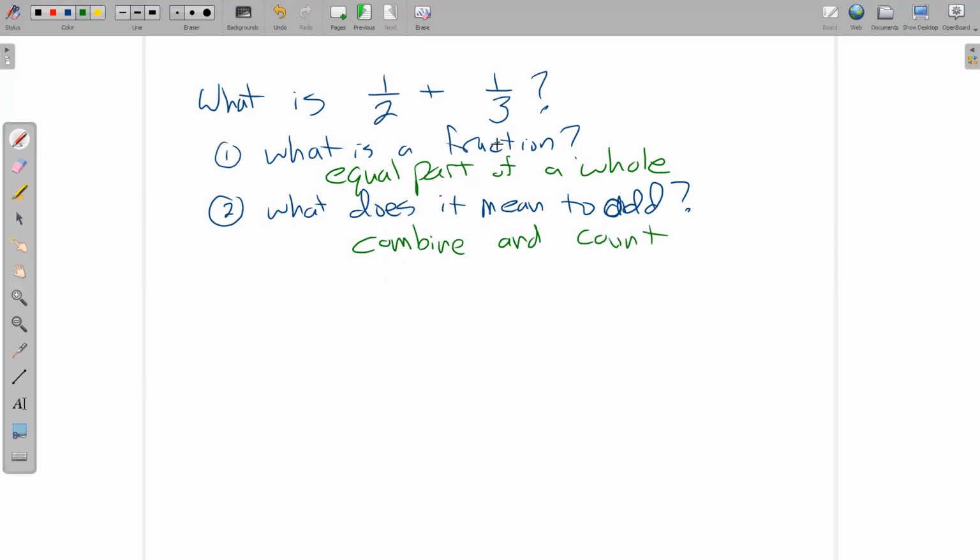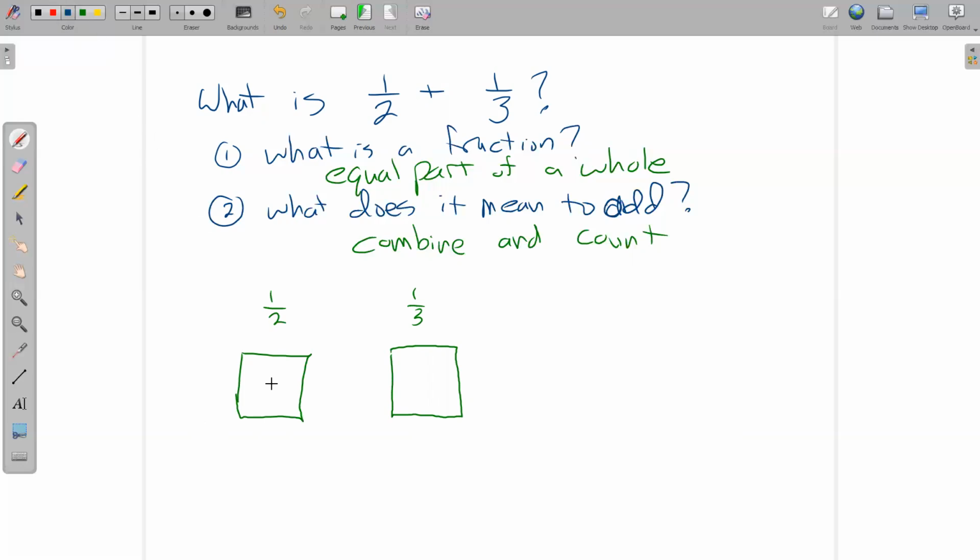So we're going to illustrate what a half looks like, what a third looks like. And again, my opinion is the easiest way to illustrate either of those is by starting off with some kind of square rectangular cake. Make as close to identical one as you can for a third. All right, so those are as close to the same size as I can make them at the moment.